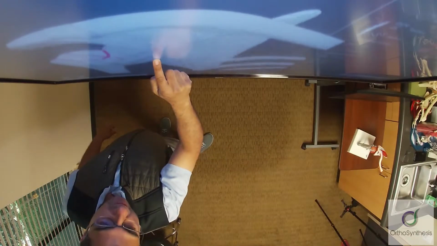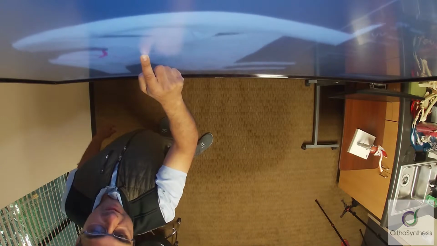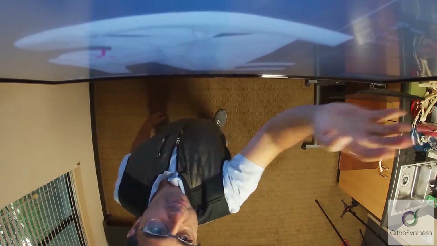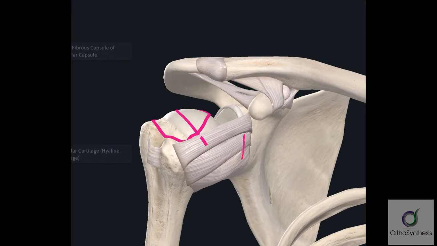But this area in this section, and I'm just going to get it into view and put my pen on again, you can see it's this part of the glenohumeral joint that really gets affected, of the glenoid, okay?